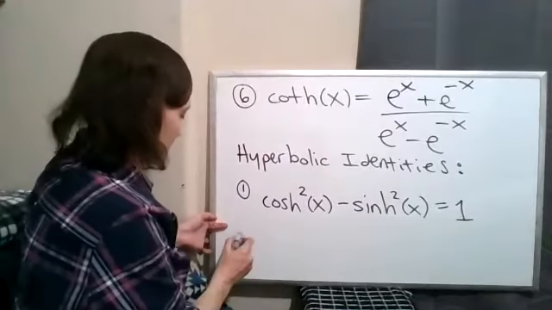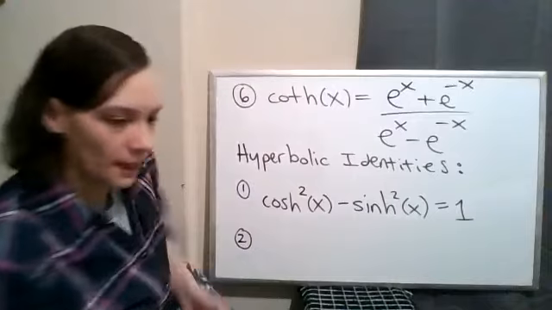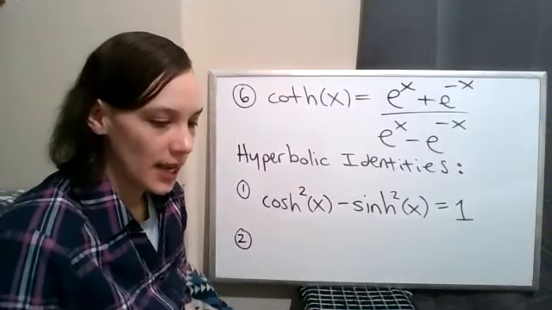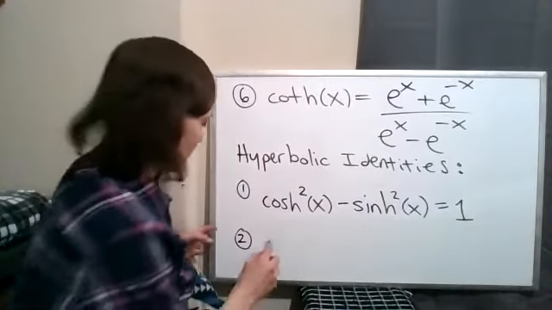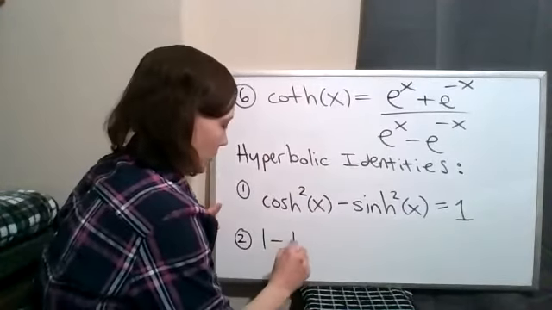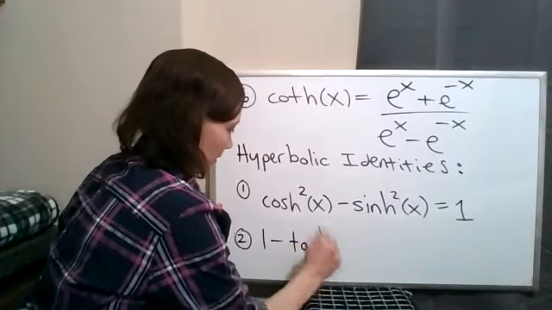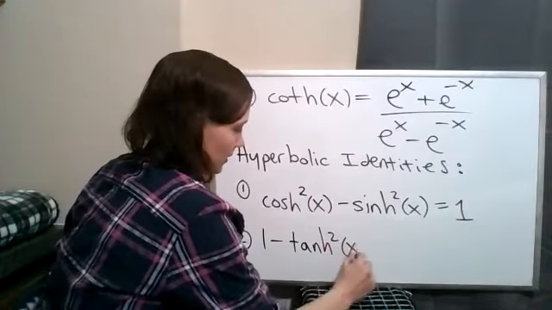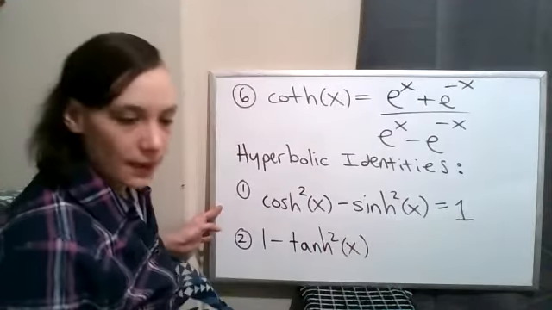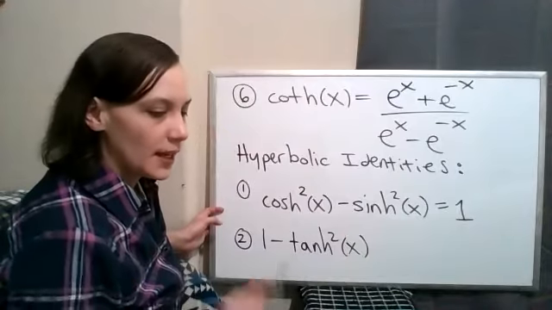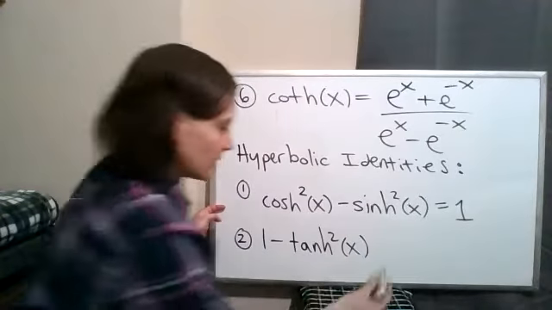Next. 1 subtract tanh squared of x equals hyperbolic secant squared of x.